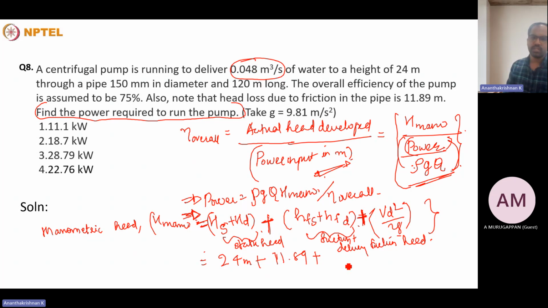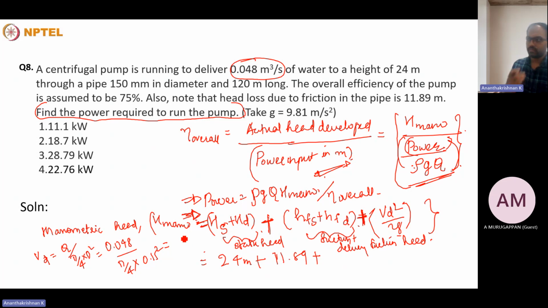We calculate the velocity as the discharge divided by the area of the pipe, so it is 0.048 divided by pi by 4 into the diameter, 150 mm, so 0.15 squared.